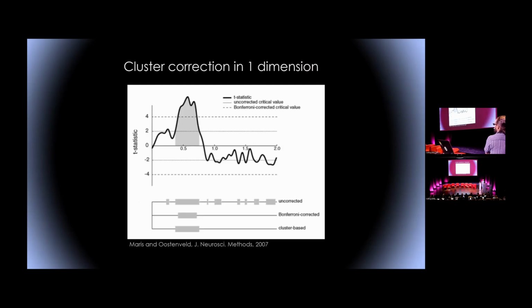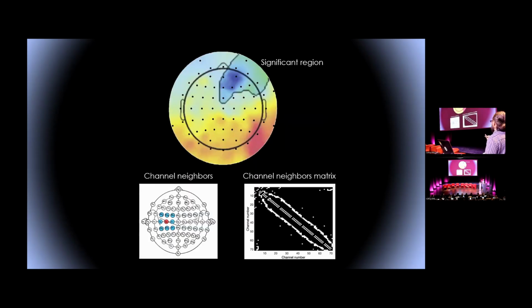By the way, this method was first developed for the neuroimaging community by Maris and Oostenveld. So our very own Robert, present here, developed this in 2007. Also, an interesting characteristic of this method is that it doesn't have to be neighboring points in time frequency. So it doesn't have to be necessarily in Euclidean space.